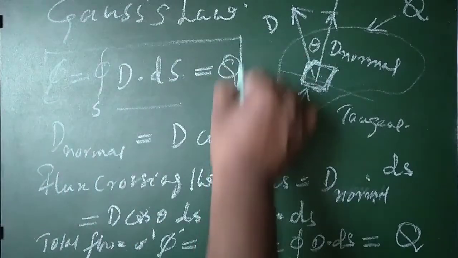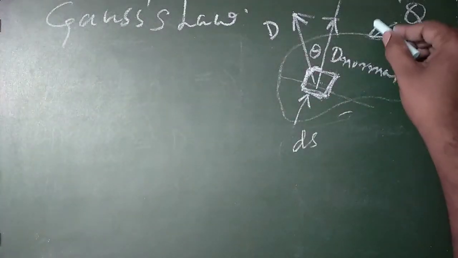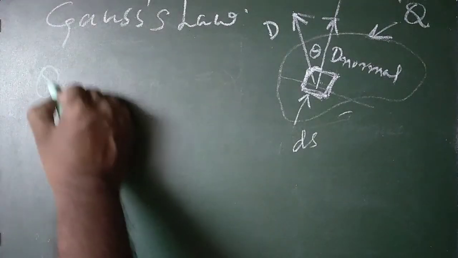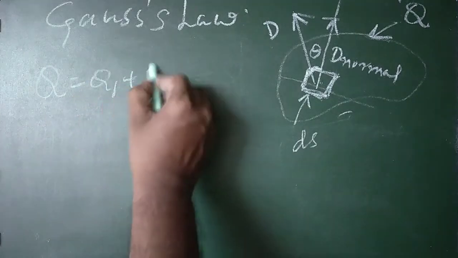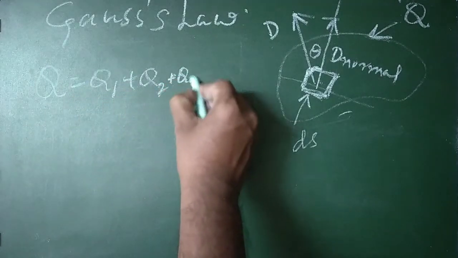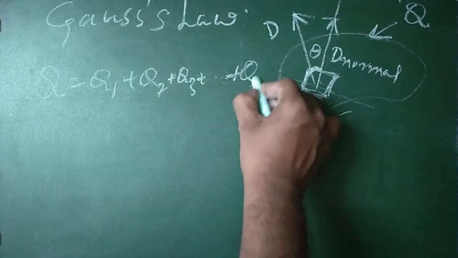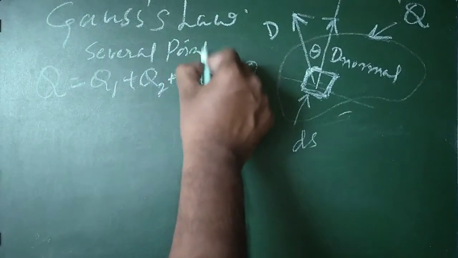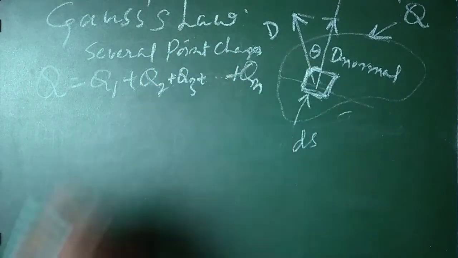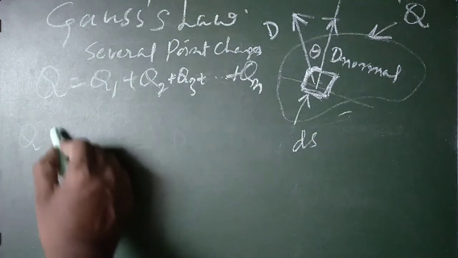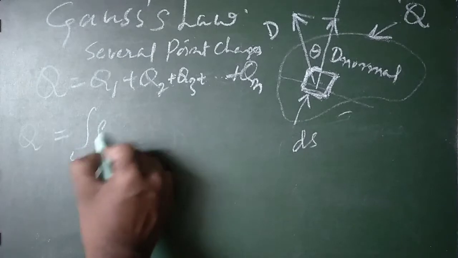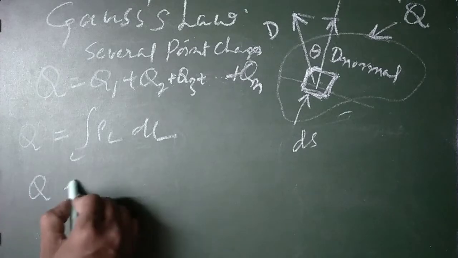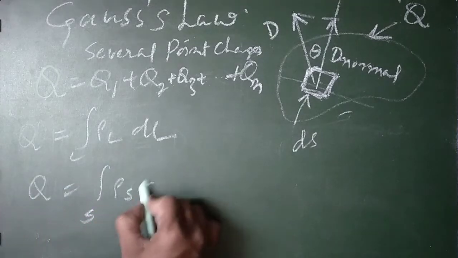This is known as Gauss law. The charge we are considering here is inside a closed loop. It may be a number of point charges, then Q is given by Q1, Q2, Q3 and so on up to Qn, or Q due to a line charge, then Q equals integral of rho L dL, and for surface charge Q equals integral of rho S dS.